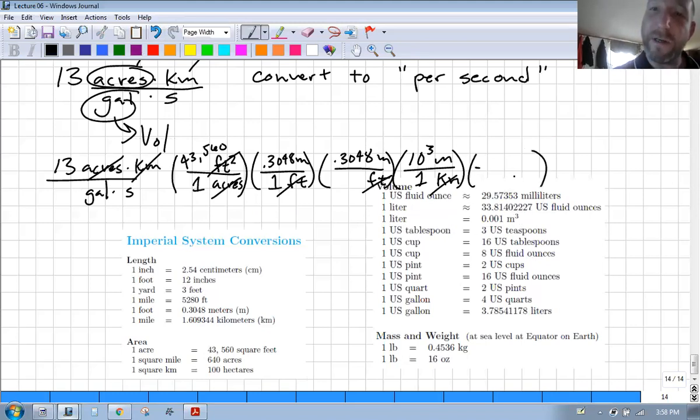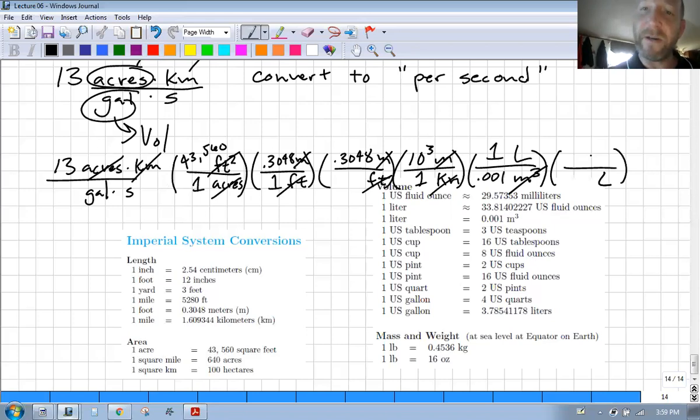So let's get rid of the cubic meter. So meter, meter, meter. And we're going to turn that into liters. 0.001 meters cubed makes a liter. So now these 1, 2, 3 meters are gone. All the meters are gone. I got liters now. I'm looking at liters per gallon second.